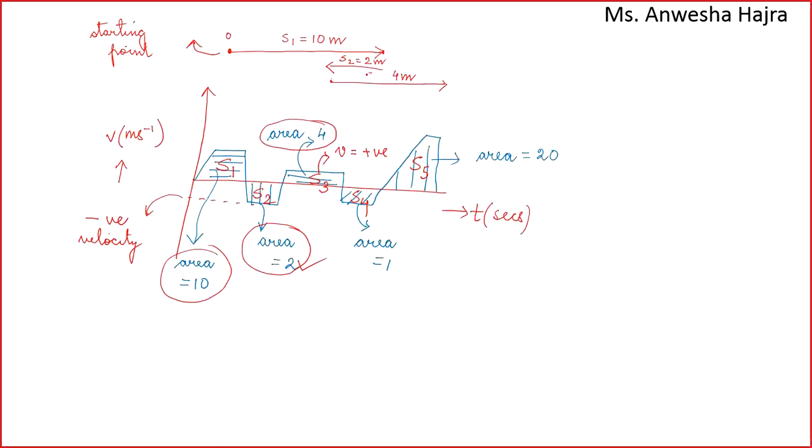This was S3. Now S4 is 1, but negative velocity, that means I come back 1. S5 is 20, but velocity is positive. So I move from here 20 meters.